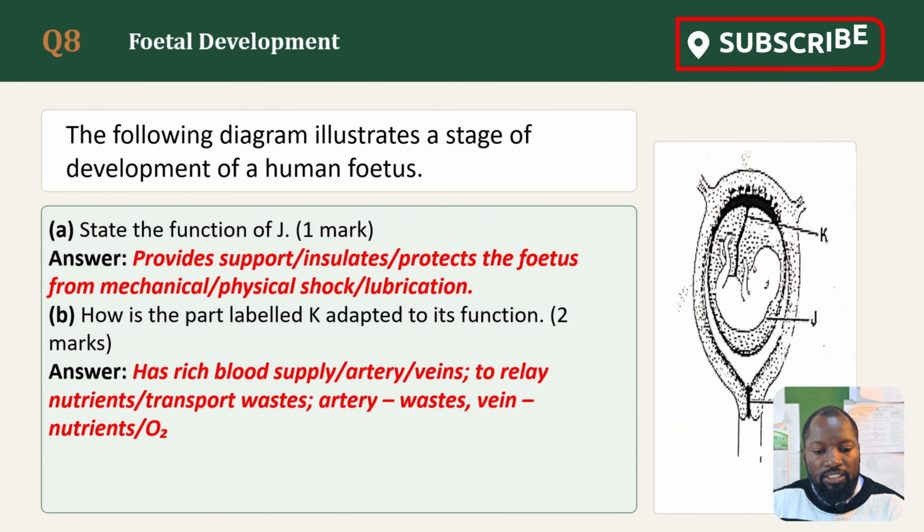It has a rich blood supply, with very many arteries and veins. The reason it has so many arteries and veins and a rich supply of blood is to relay nutrients and transport waste effectively. In this case, arteries transport waste, but veins transport nutrients. And when we talk about nutrients, oxygen is part of the nutrients, so the vein also transports oxygen.